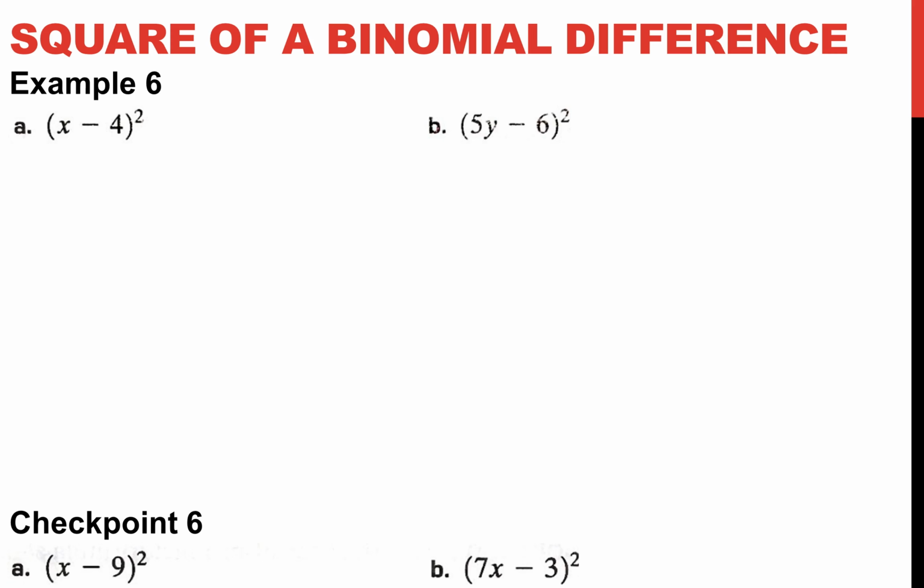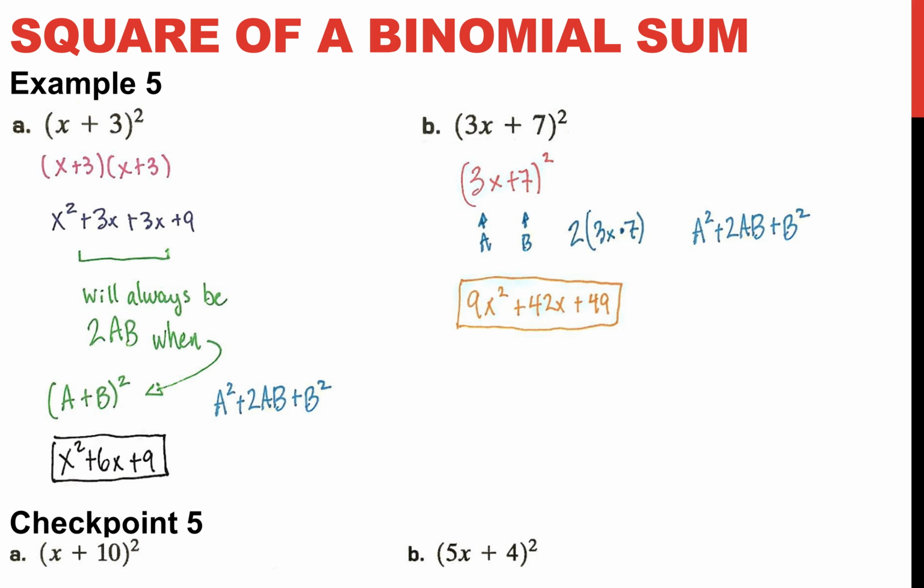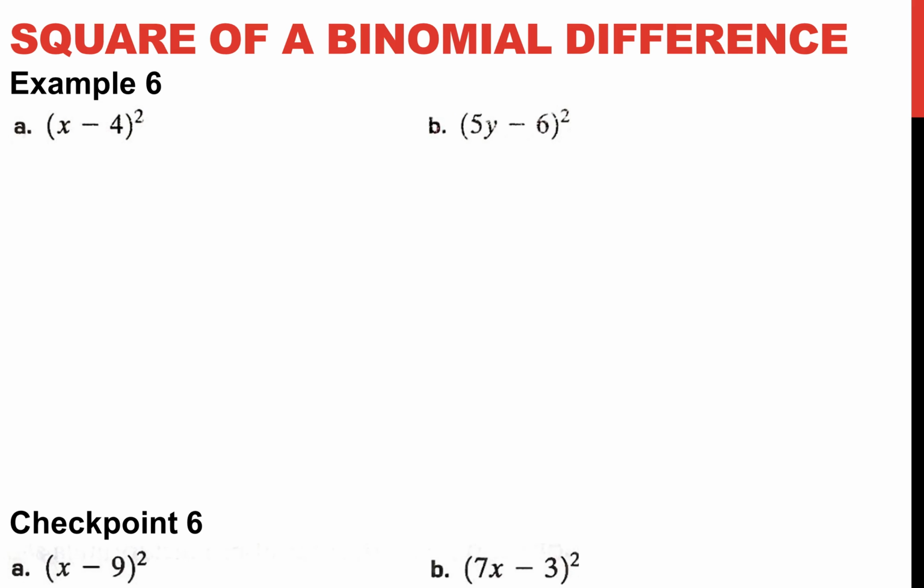And we're back. For example 5, we talked about a binomial sum. For example 6, we're going to talk about a binomial difference. The same thing applies when the binomial is a minus b squared. The only difference, as you see in my shortcut, is that I have minus 2ab.